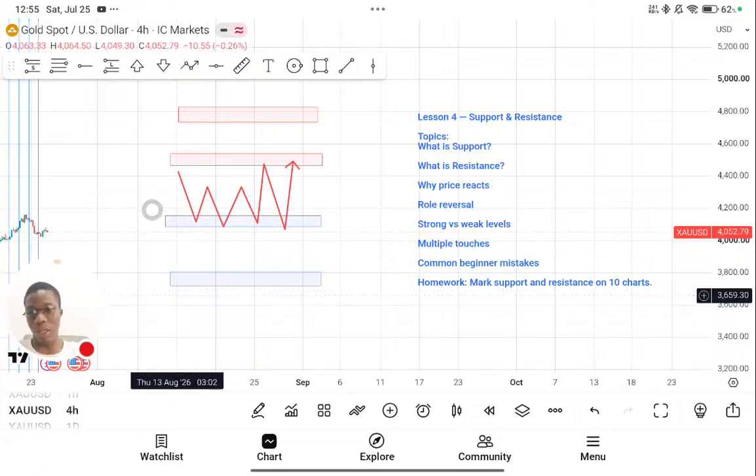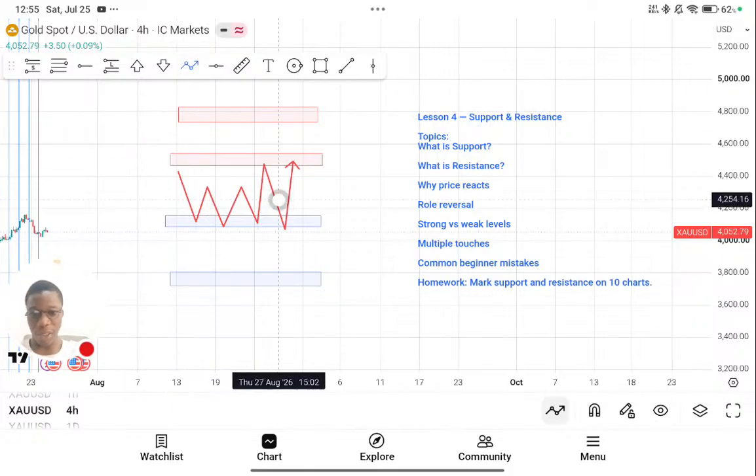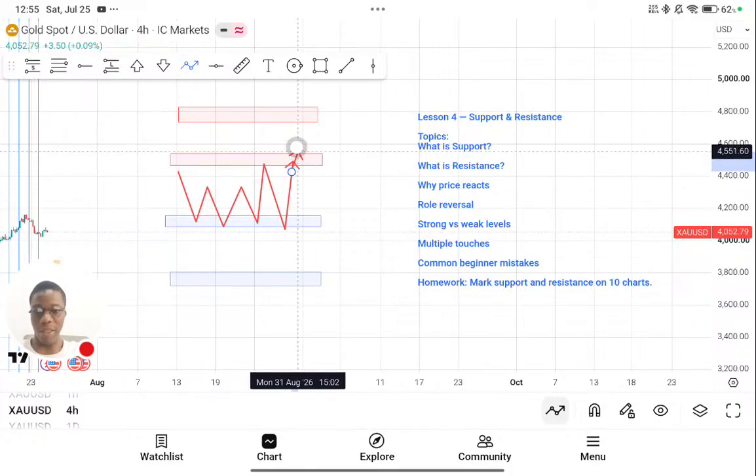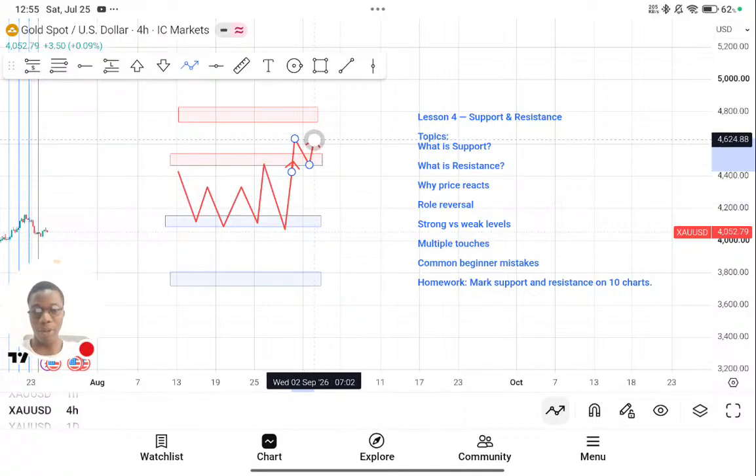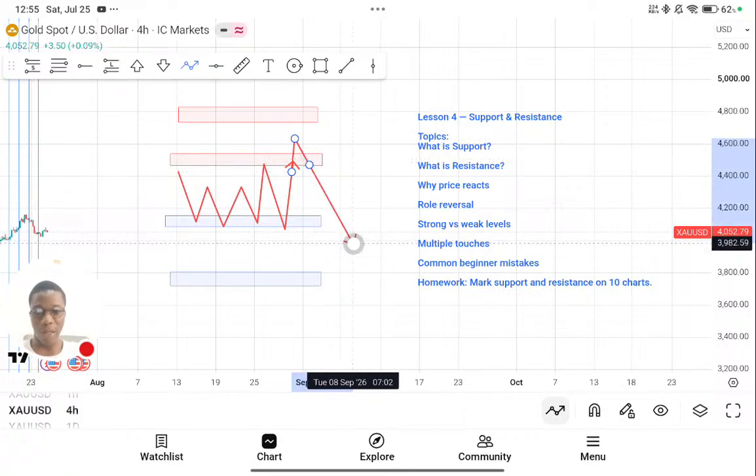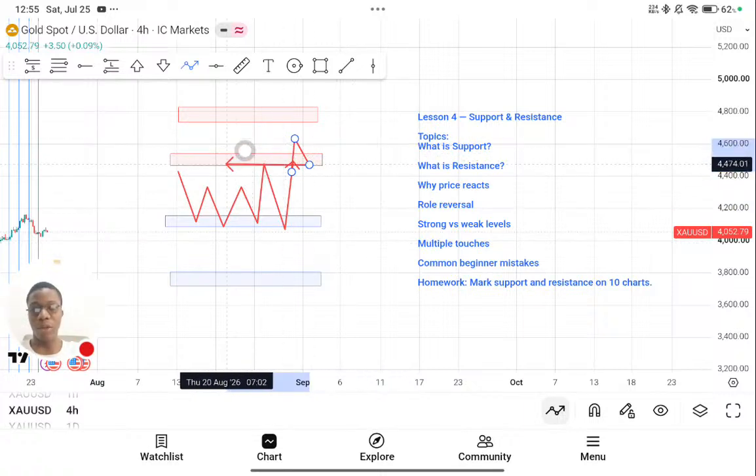But then there are instances: what happens if this guy gets broken, if price breaks above this guy? That's where we tend to see resistance becomes support. It breaks that level, you wait for a retest on that level. Sometimes it respects, sometimes it still falls back down. That goes to show, depending on how strong that zone is, that's what we determine.